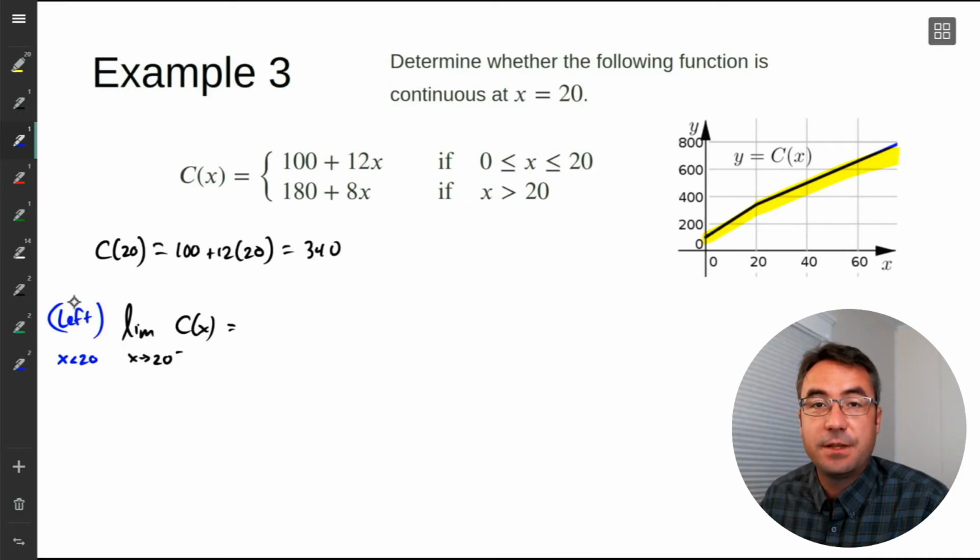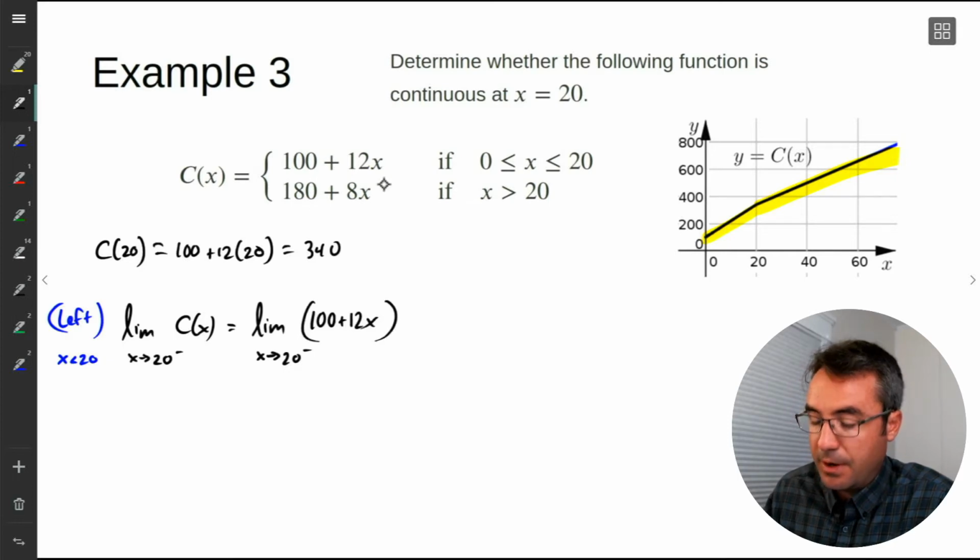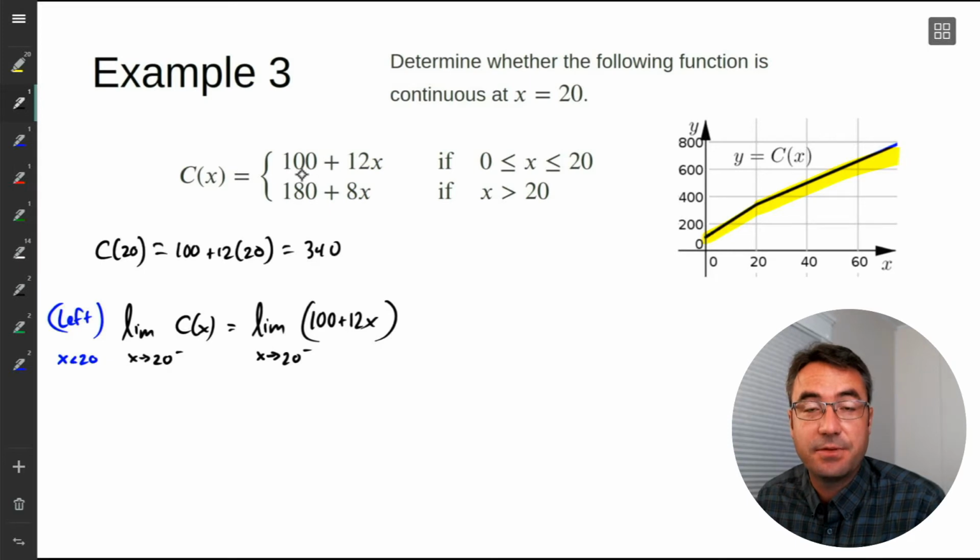So if we're interested in the left-hand limit, we need x to be less than 20, and that's what we're seeing right in here. So we're going to do the limit as x approaches 20 from the left of 100 plus 12x. Let's fill in how our function is defined on that piece.